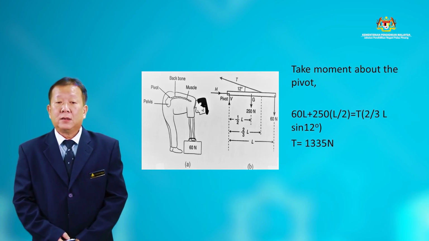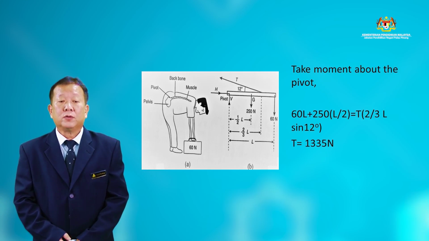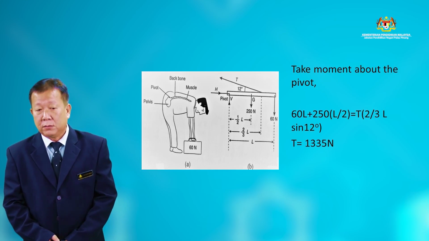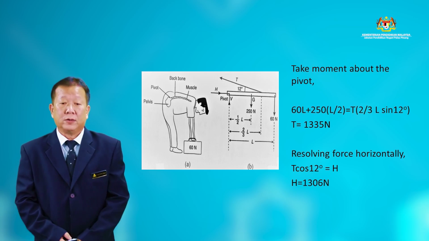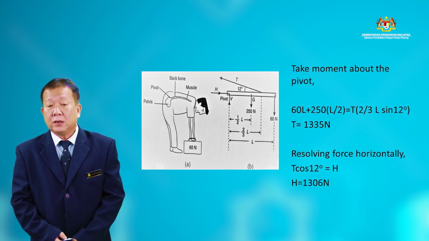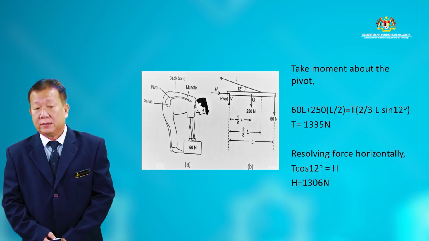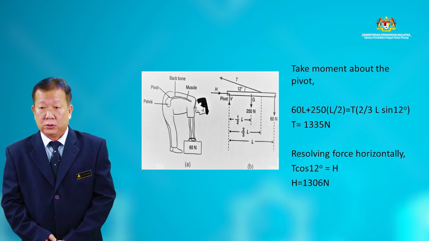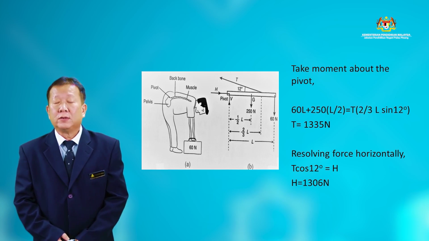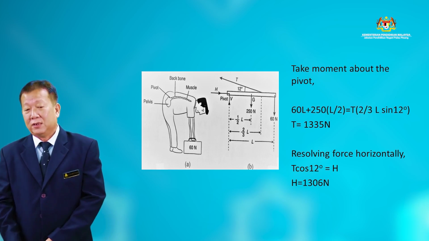You will get tension T equals 1335 Newton. Resolving forces horizontally, you will get T cosine 12 degrees equals H. So H is equal to 1306 Newton.